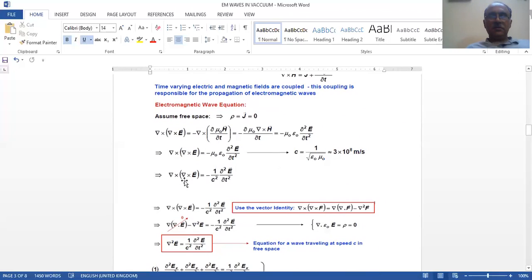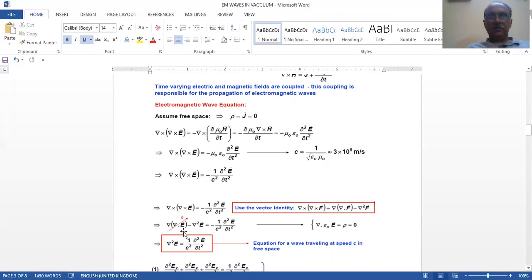Going over to this step written on the left hand side, you can solve it by using the vector identity: curl of curl of a vector is gradient of divergence of the vector minus del square of the vector. So you can write gradient of divergence of E minus del square E equal to this.